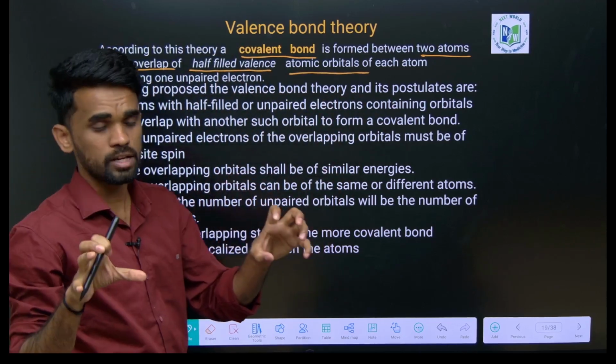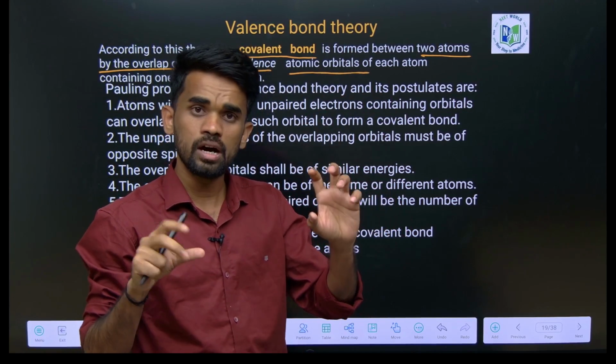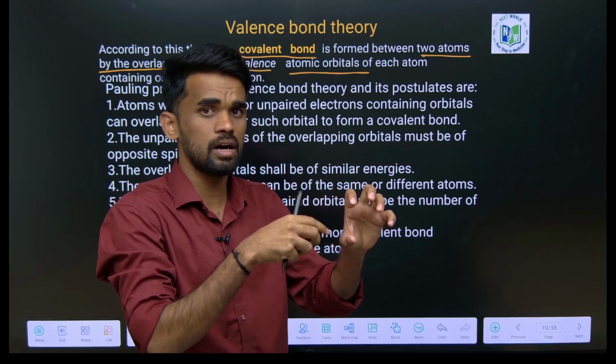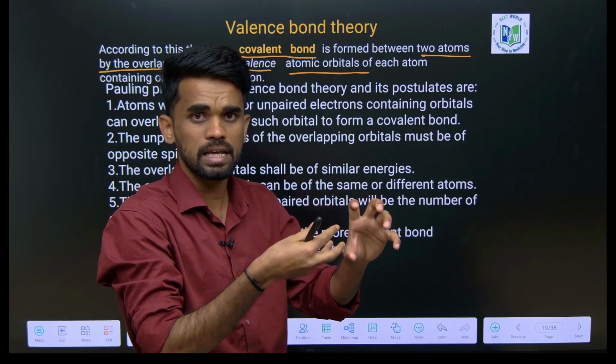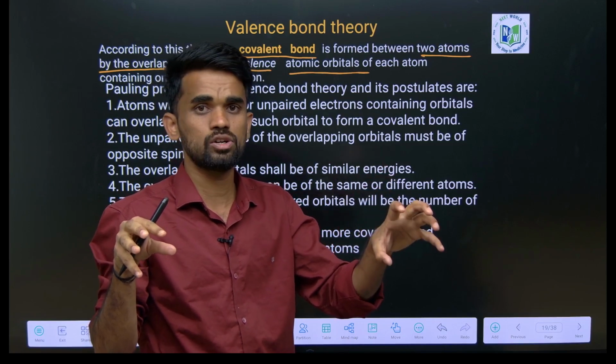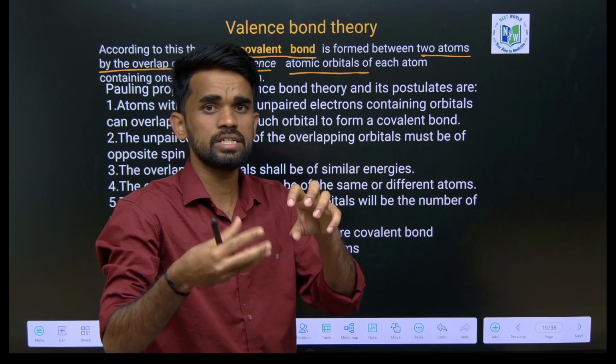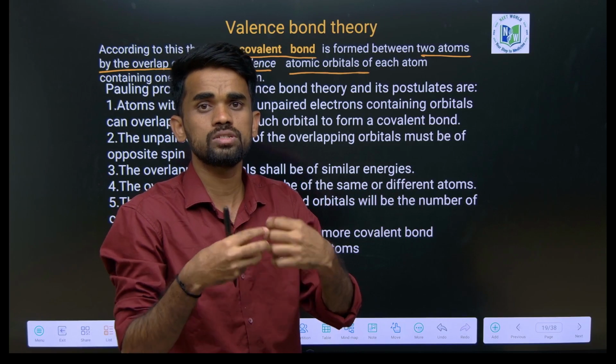So for each atom there will be atomic orbitals. If the atomic orbitals are half-filled, containing unpaired electrons, then bond formation takes place by overlapping of those atomic orbitals.